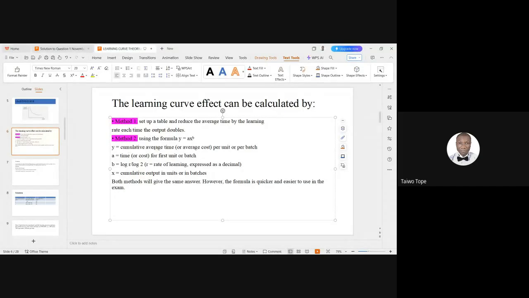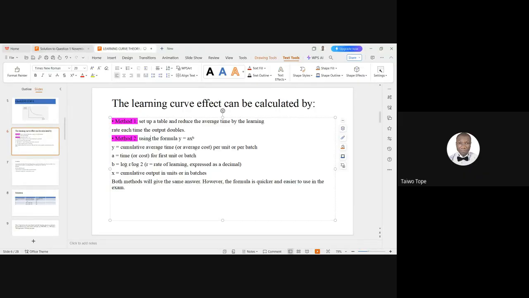That is why you can see cost in brackets, because you can have a question where they ask you to determine the reduction in the value of cost based on the learning effect. So Y is the cumulative average time per unit or per batch, and A is the time or cost for the first unit of batch.